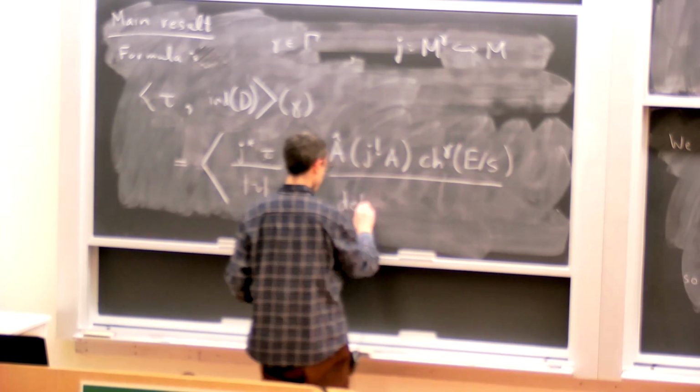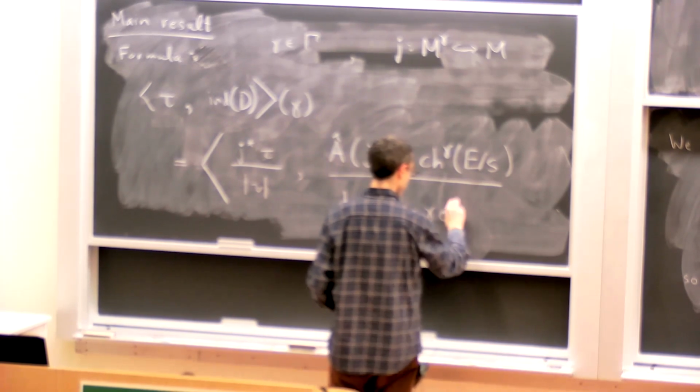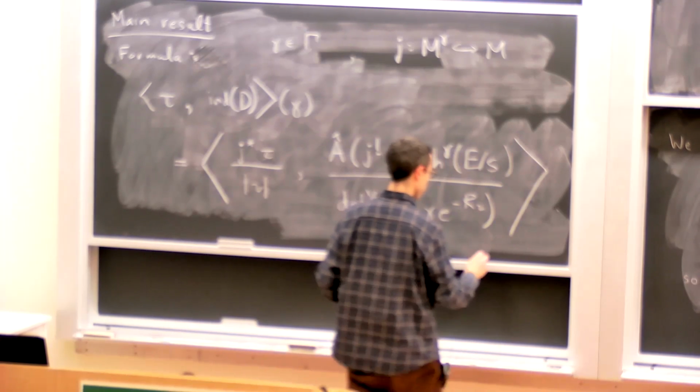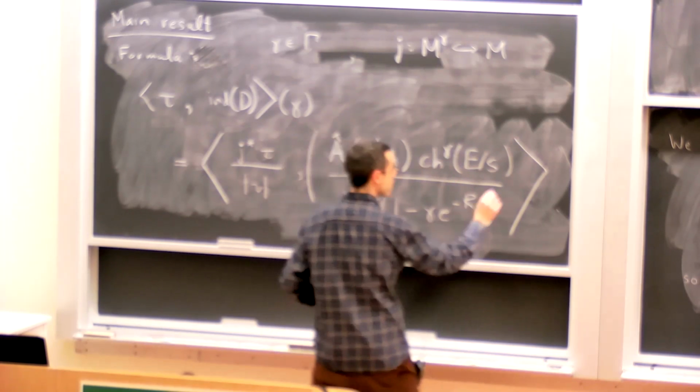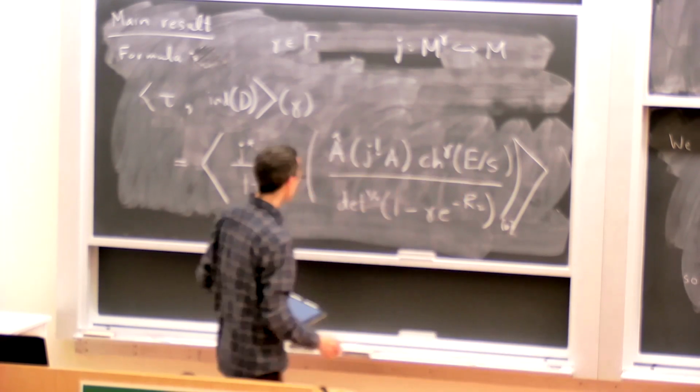We're using notation for the characteristic classes basically as in Berline-Getzler-Vergne, and all this, you should take the top part.